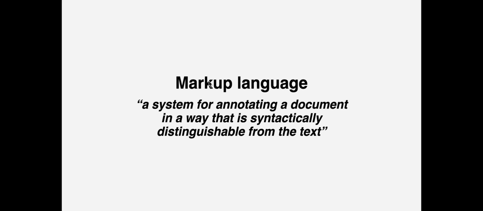So a markup language, I said, is a system for annotating a document in a way that's syntactically distinguishable from the text. A few of these you're familiar with. HTML is a markup language. XML, which you may not have encountered as often or at all, and wiki pages. And I don't mean Wikipedia. Wikipedia is based on wiki, but the idea of editing a document that appears on a website.